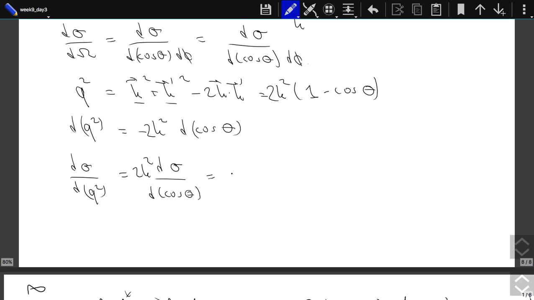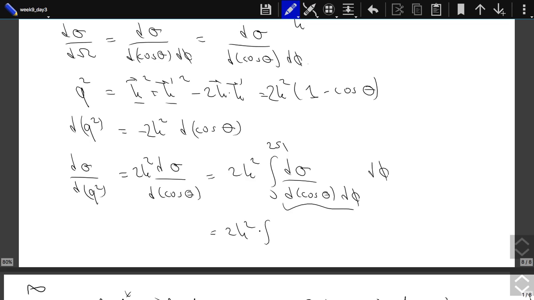This is equal to 2k squared times dσ/d cosine theta times dφ, integrated over φ from 0 to 2π. Now this is my differential cross-section, 2k squared times the integral from 0 to 2π of f squared dφ.